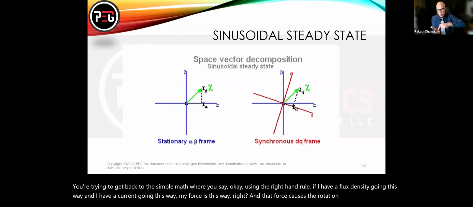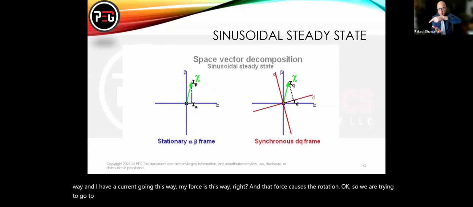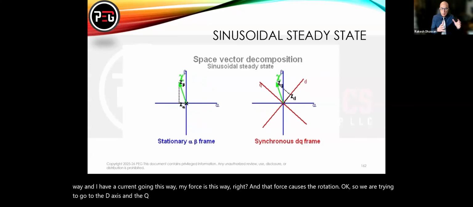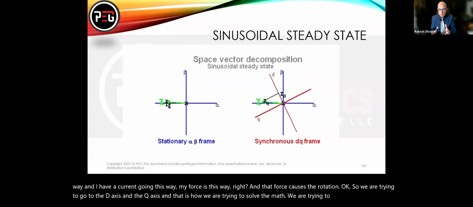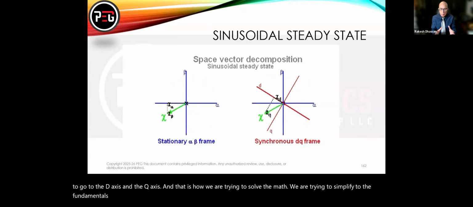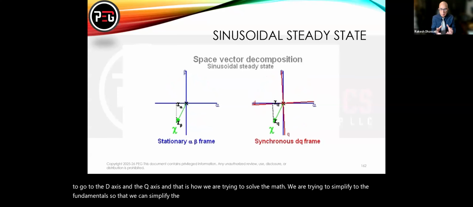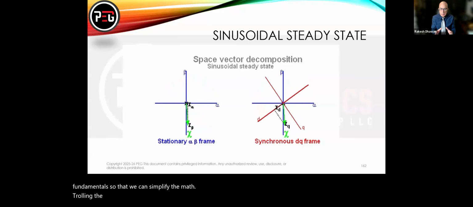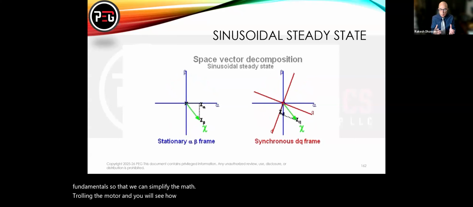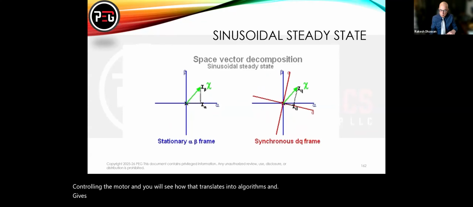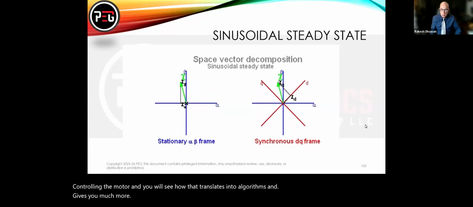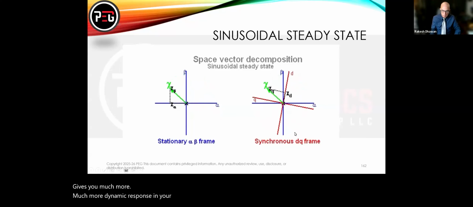So we are trying to go to the D-axis and the Q-axis, and that's how we are trying to solve the math. We are trying to simplify to the fundamentals so that we can simplify the math in controlling the motor. And you will see how that translates into algorithms and gives you much more dynamic response in your algorithms when you use the simplified math.